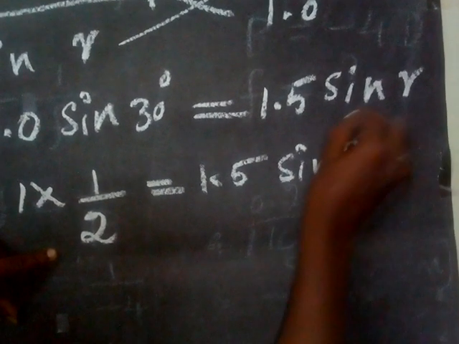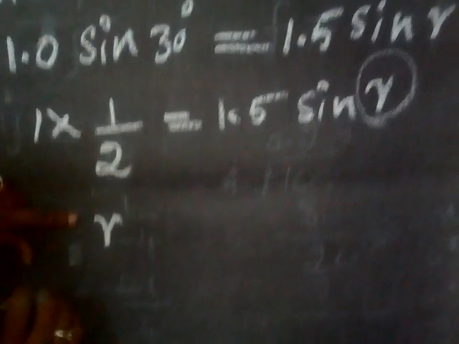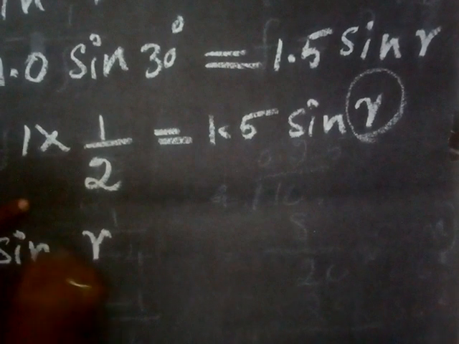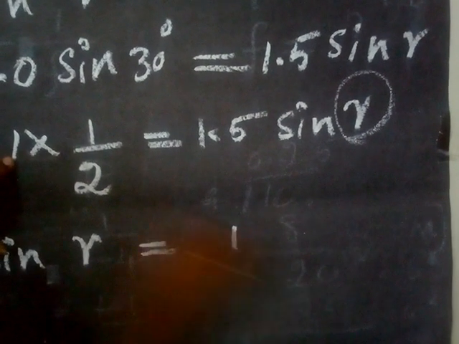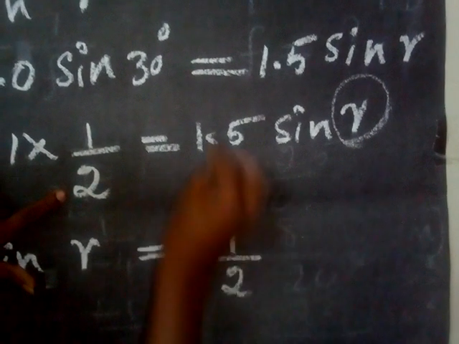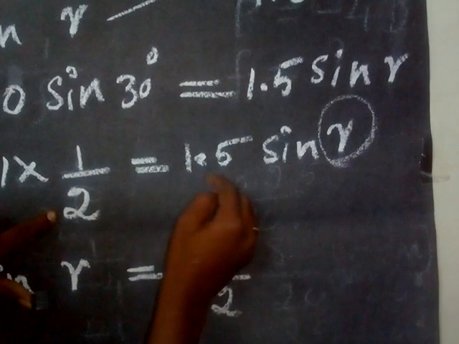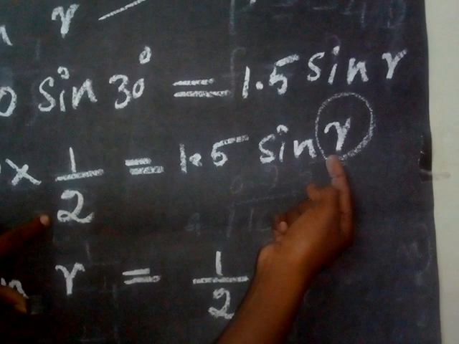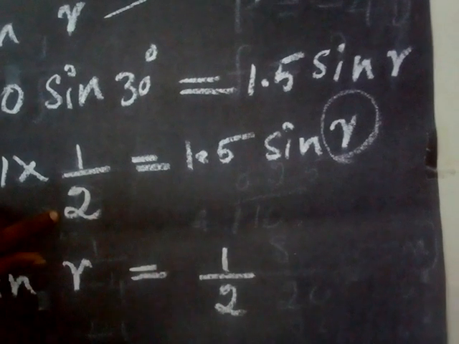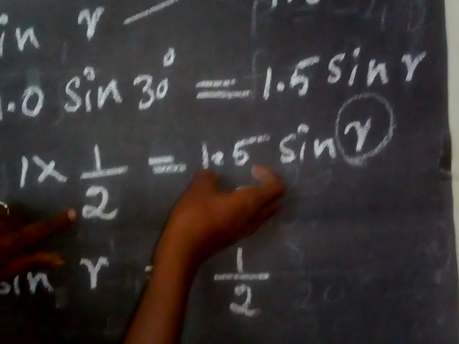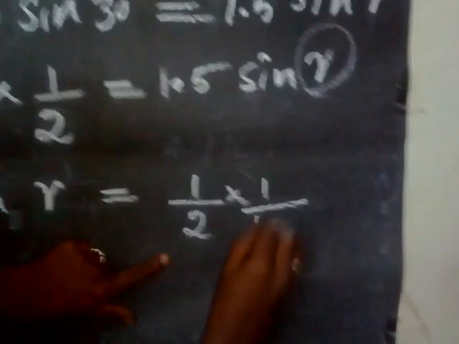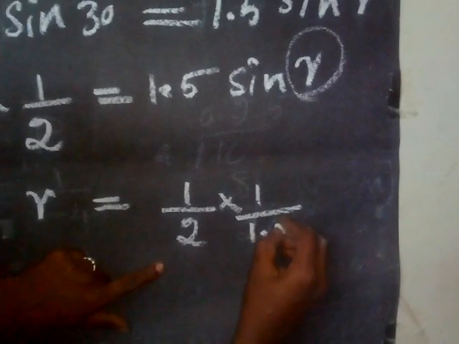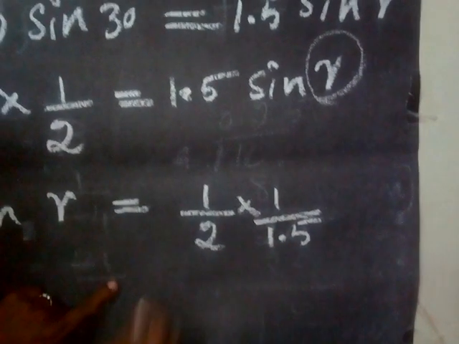We have to calculate R, so sine R is equal to 1 divided by 2. Here the 1.5 is multiplied with sine R, so it comes to the other side as a divisor: 1 divided by 1.5.